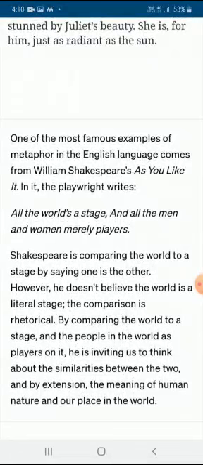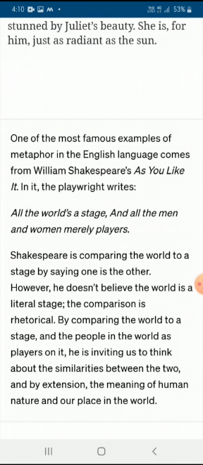One of the most famous examples of metaphor in the English language comes from William Shakespeare's As You Like It. In it, the playwright writes, "All the world's a stage, and all the men and women merely players." Shakespeare is comparing the world to a stage by saying one is the other.